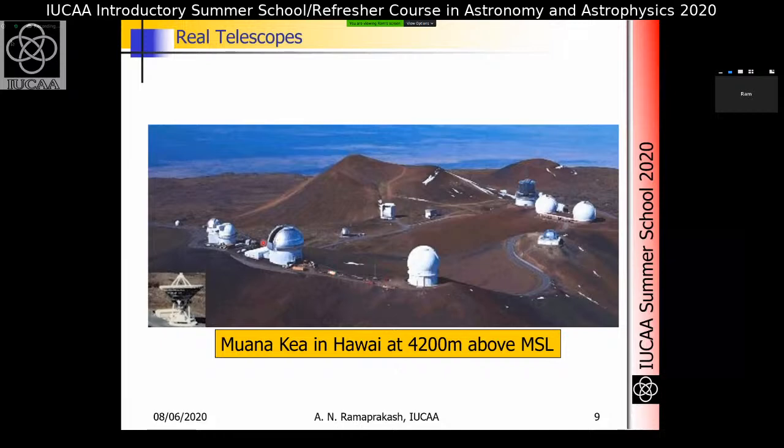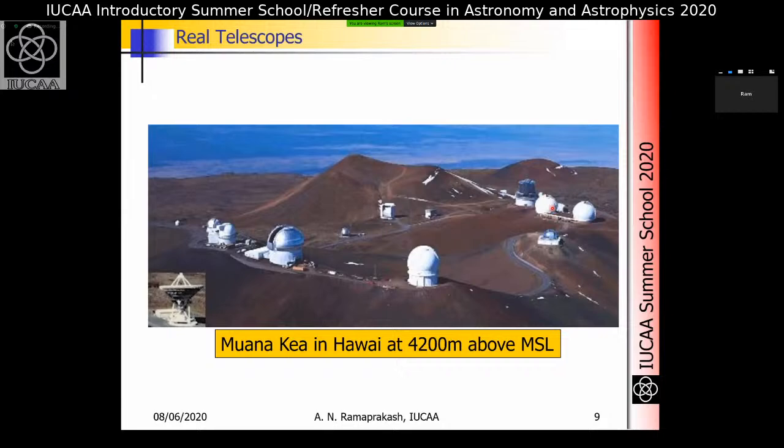This astronomy site is on top of Mauna Kea in Hawaii at a height of about 4,200 meters above sea level. These are the twin Keck telescopes, the largest telescopes existing in the world now, each 10 meters in diameter. The primary mirror of the telescope is 10 meters in diameter.